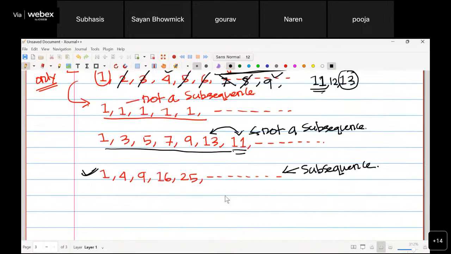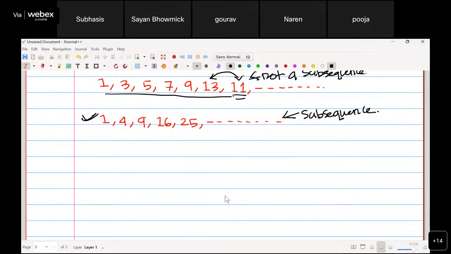Okay, let me take one more example. Let's say I have a new sequence. My original sequence is 1 over n. So my sequence starts with 1, then a half, and so on.